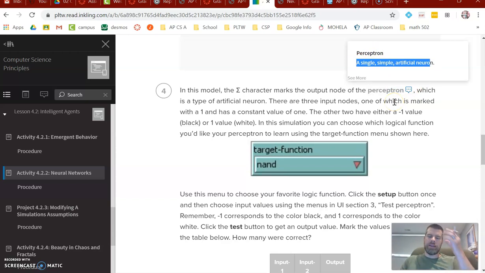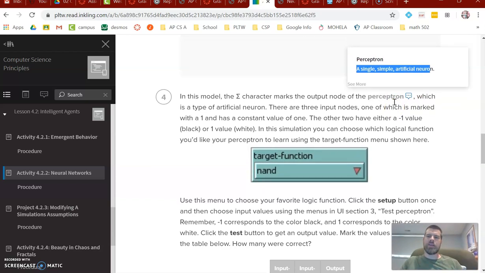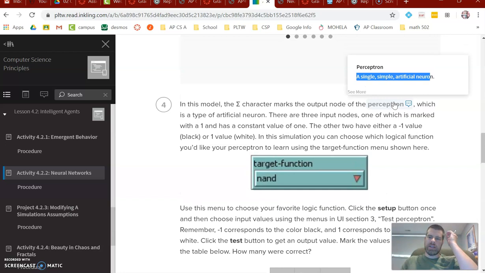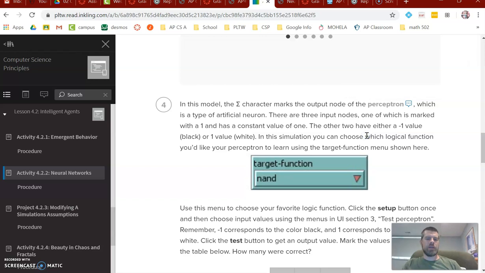So they're modeling things that are happening in our brains here, neurons making these decisions and connections to other neurons, and it's a whole network of neurons in our brain that process information and pass it along via chemicals to other neurons, and it helps us make decisions in our brain.